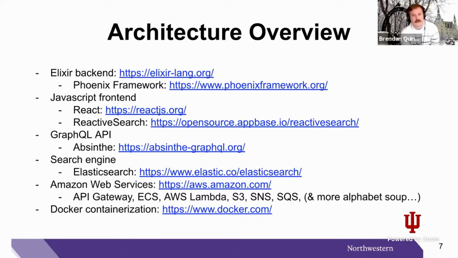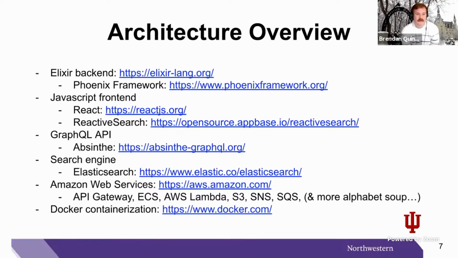GraphQL is a query language for APIs and a runtime for fulfilling those queries with your data using a type system. And then we use Absinthe, which is our GraphQL implementation for Elixir, which has integrations for Elixir backend and JavaScript front ends.